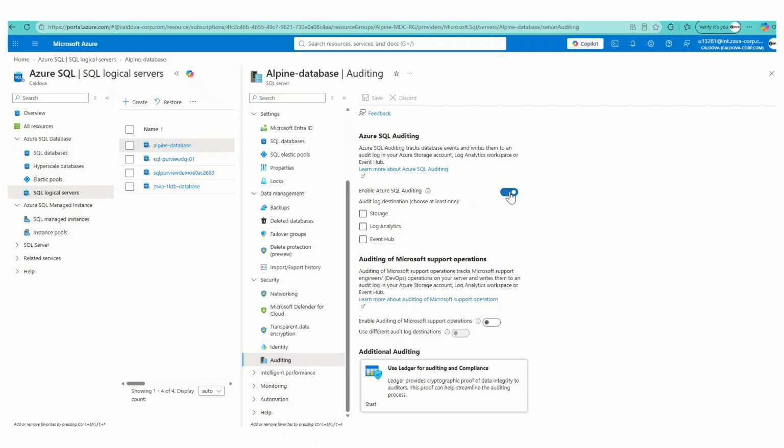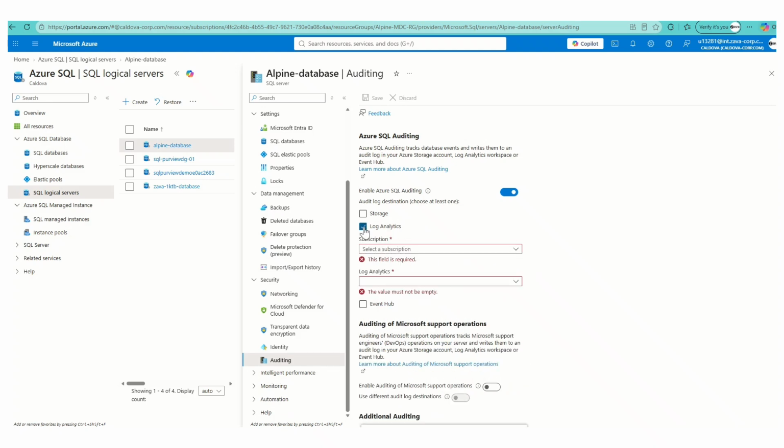What I was saying is that you could enable this at the server level. And the same thing, you need to choose a destination. Whether you choose the logical server or the database, it's basically the same thing.